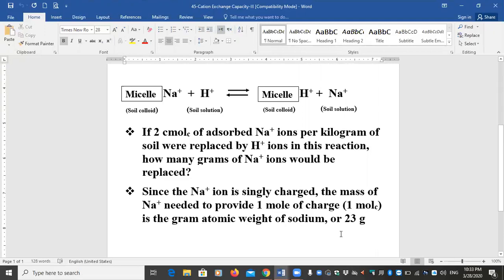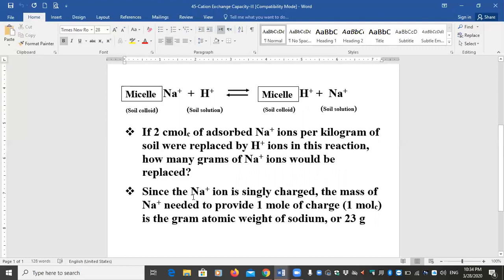So if we take 23 grams of sodium, that will be 1 mole of sodium. So that will be an Avogadro number of sodium atoms. And it will be the same as sodium ions, because when you lose an electron, it does not change the mass at all. It's the same mass. So we can consider the mass of Na plus and Na the same.